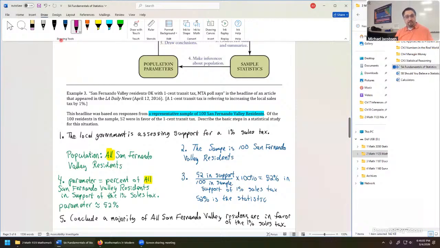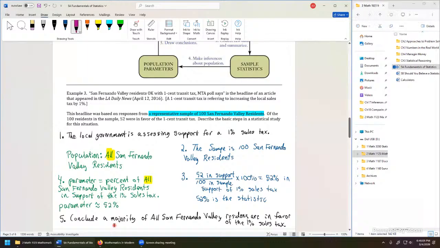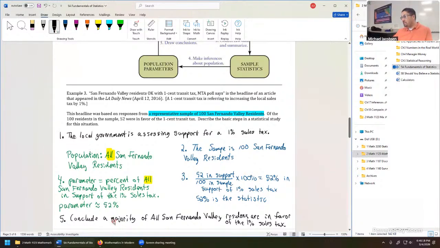Okay. Sorry, I was going to ask if the conclusion could also be, conclude that over half of all San Fernando Valley residents are in favor. Yeah, absolutely, you could put that in place of majority here. I like that better because it's way more specific.